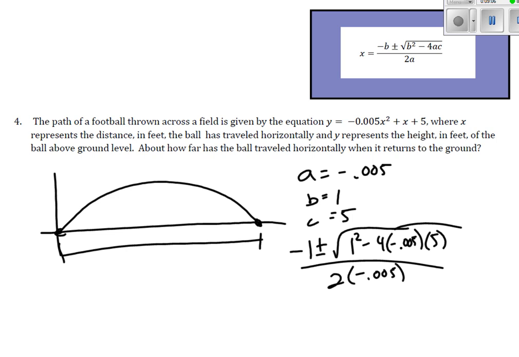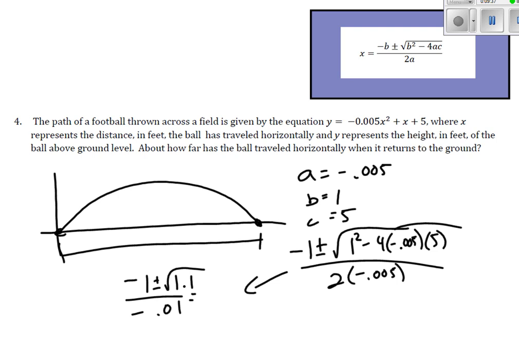So let the calculator do a lot of legwork here. So 4 times, work inside out. So 1 minus that. So this becomes, right over here, negative 1 plus or minus square root of 1.1 all over negative 0.01.